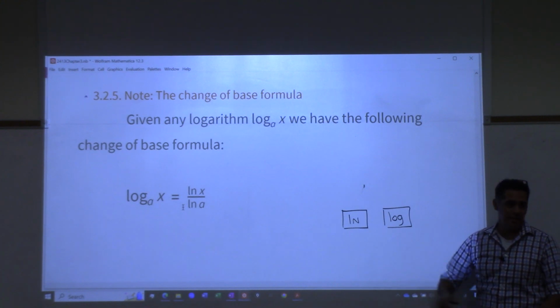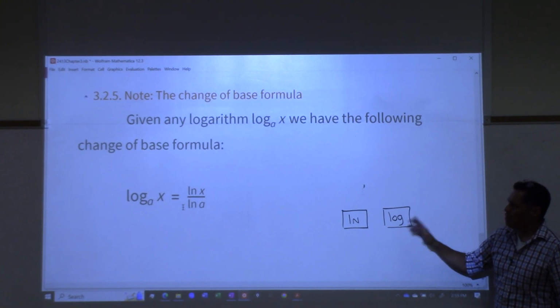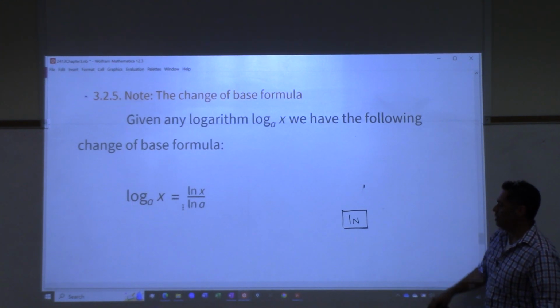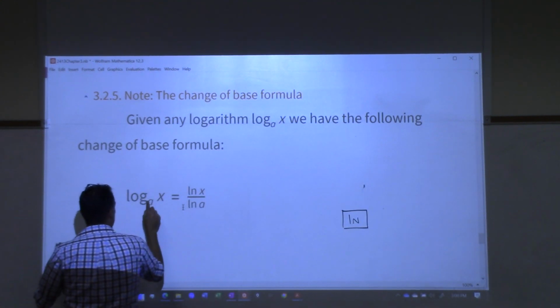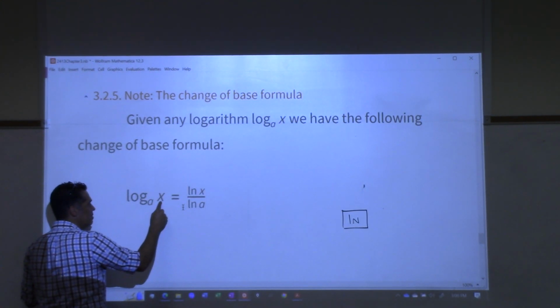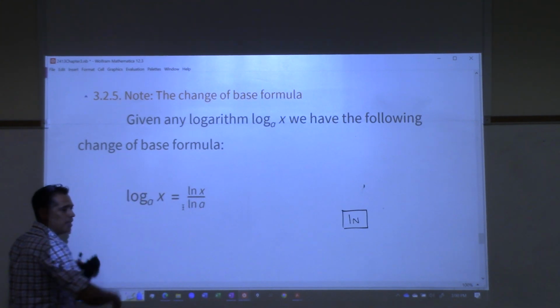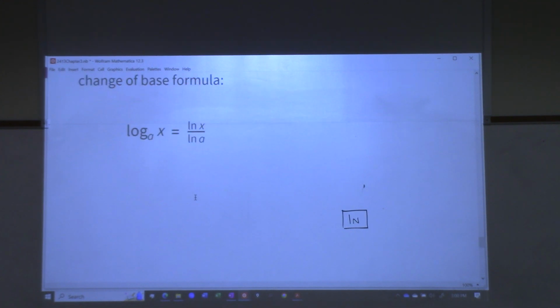The reason why you only need 2 keys on the calculator, in fact, you only need 1, you don't even need this one, is because of this change of base formula. You can take any logarithm of any base of any value, and you can just use your calculator and do natural log of x over natural log of a, and it'll give you the answer. That is a very nice, convenient thing that we use to solve logarithms with our calculators.